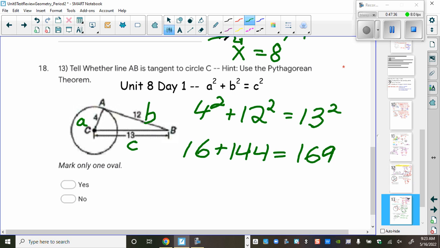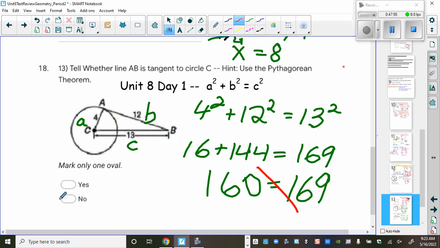Well, what's 16 plus 144? 160. Yeah, you're right. It is 160. But does 160 equal 169? No, so that means the answer is no. That's no good. That's a no.